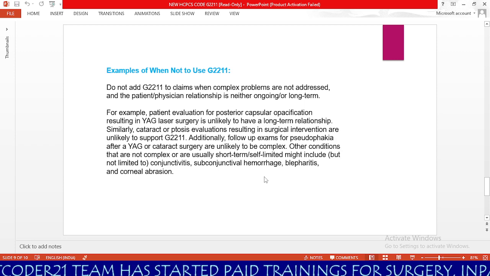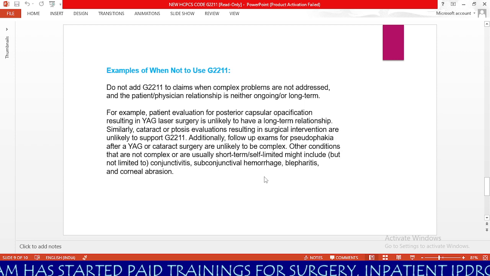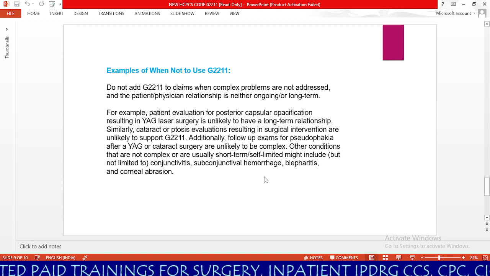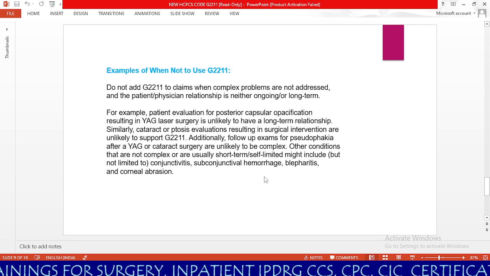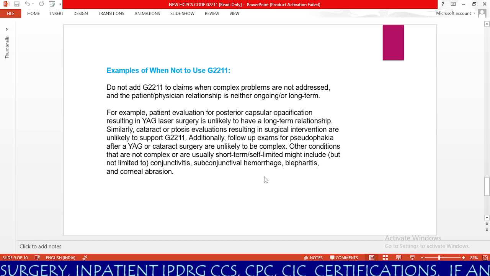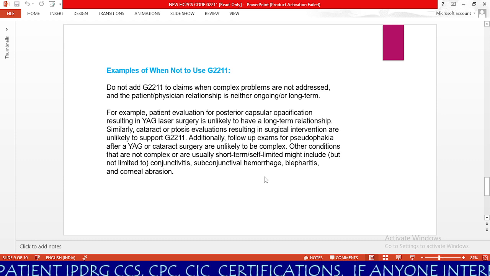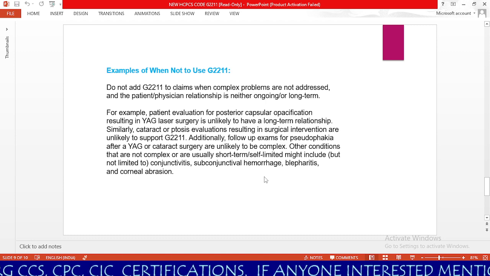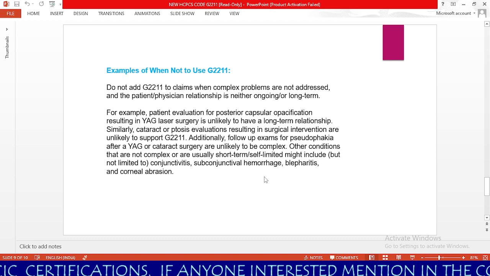Do not add G2211 to claims when complex problems are not addressed and the patient-physician relationship is neither ongoing or long-term. So if you want to append G2211, you need to check the documentation whether the physician has addressed any type of complex serious conditions in that E&M visit and whether the physician and patient have any type of ongoing or long-term care.